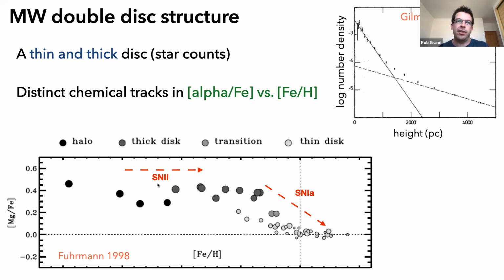As we enrich our stellar populations from left to right with type II supernovae, and then type Ia supernovae kick in and move us towards the lower right of this diagram, if this were just a single one-zone model, we might expect a single chemical track. But what we actually observe at certain metallicities is a bimodal distribution in the alpha over iron distribution. That indicates something a bit more complex, and maybe this is the thin disk and thick disk in chemical space.